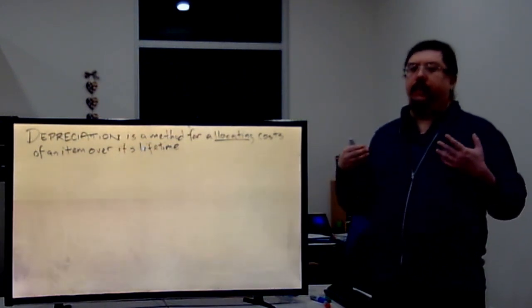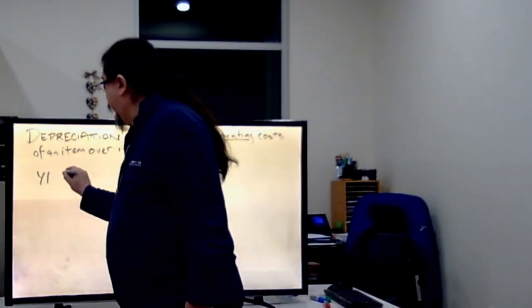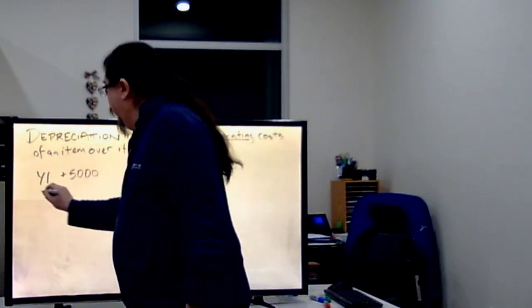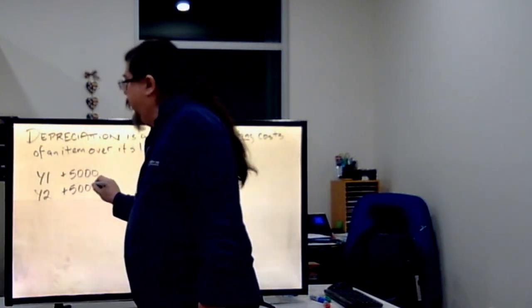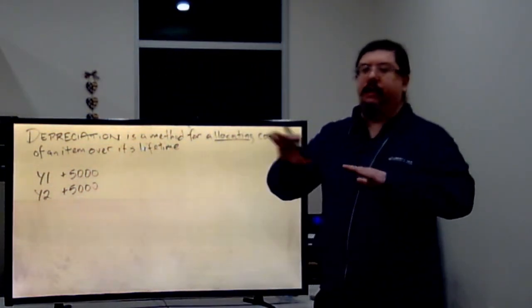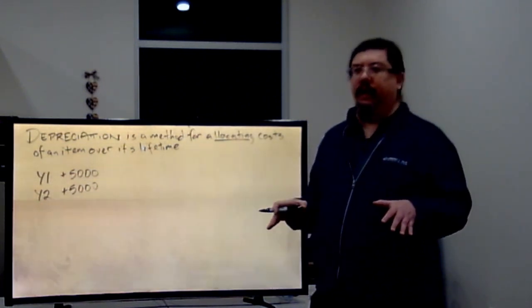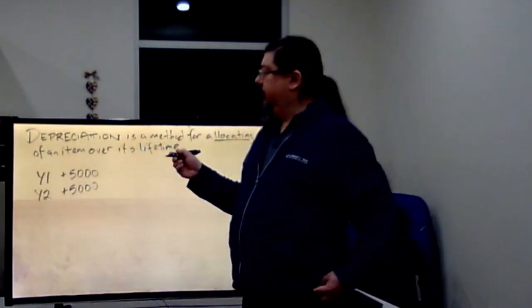So year one, I make $5,000. Year two, I make $5,000. And then year three, I buy a second machine. These things don't need to be watched, they can run overnight. So I'm basically doubling my output when I get a second machine, just for simplicity's sake.